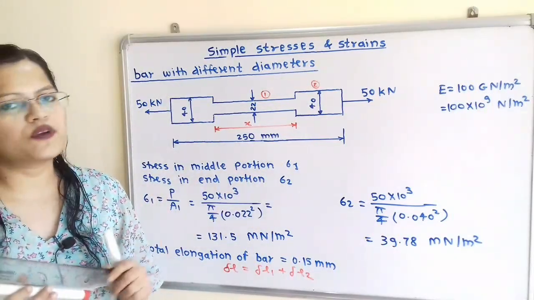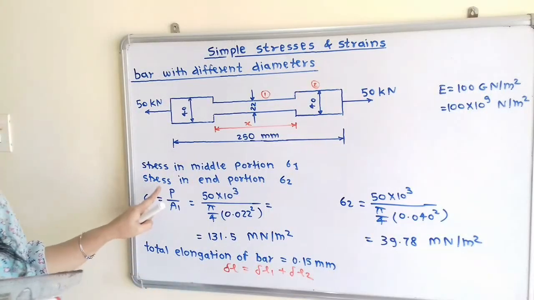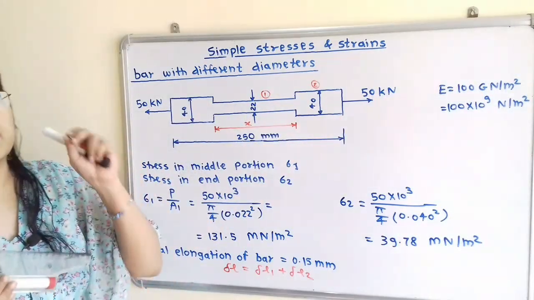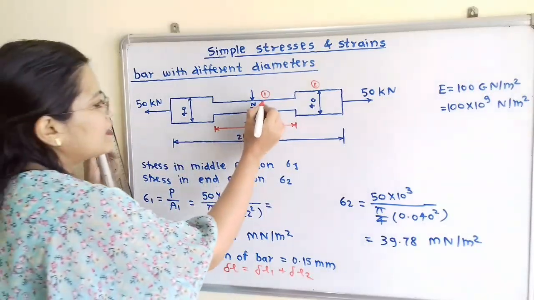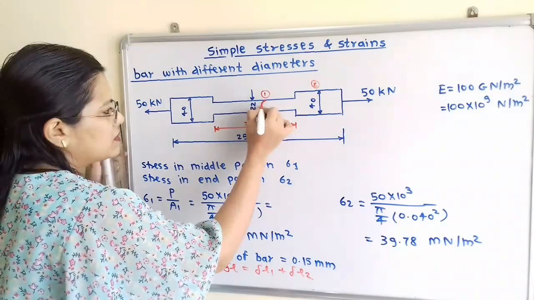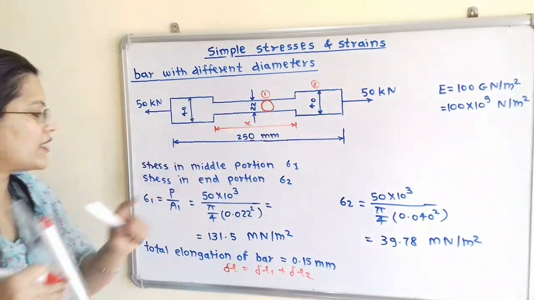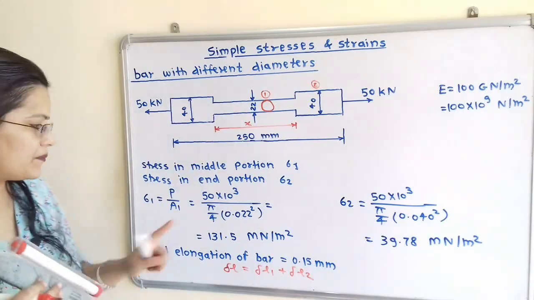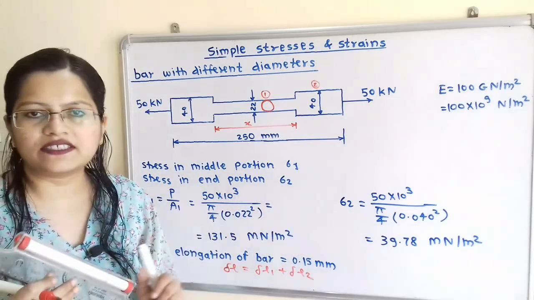Stress is equal to P, the applied force, divided by the cross-sectional area. The bar has a circular cross-section, so area is equal to pi by 4 diameter square. We will apply this formula to calculate sigma 1 and sigma 2.